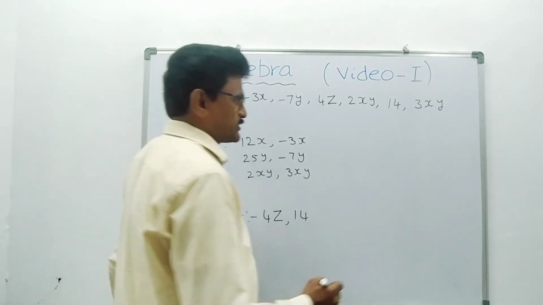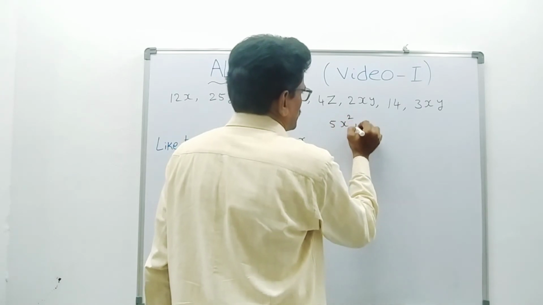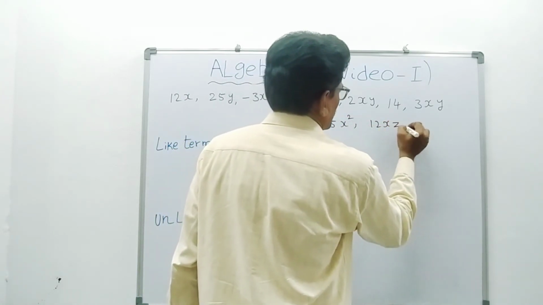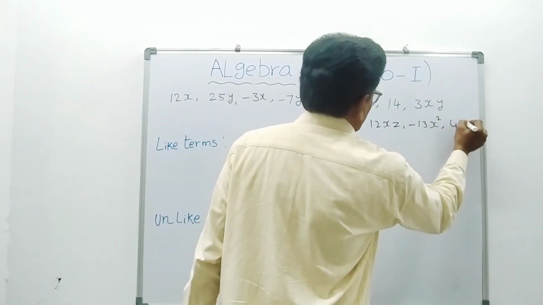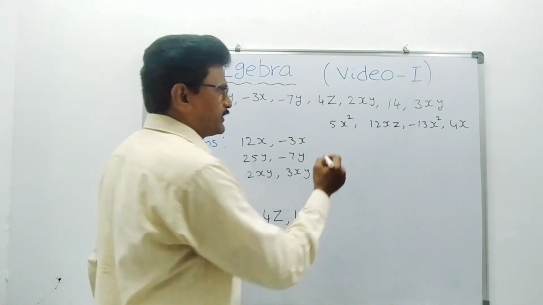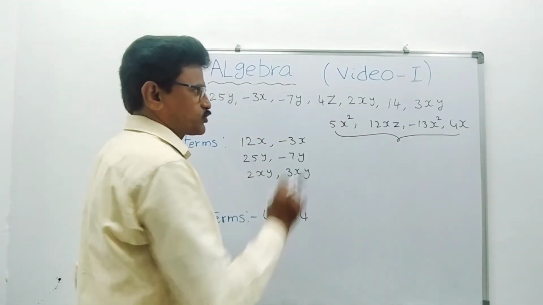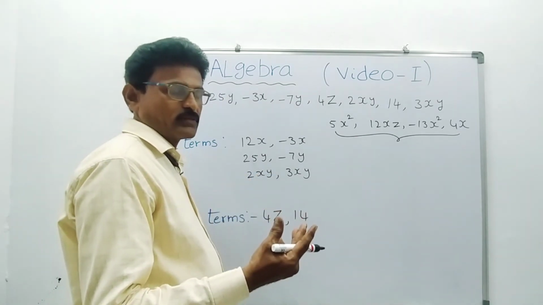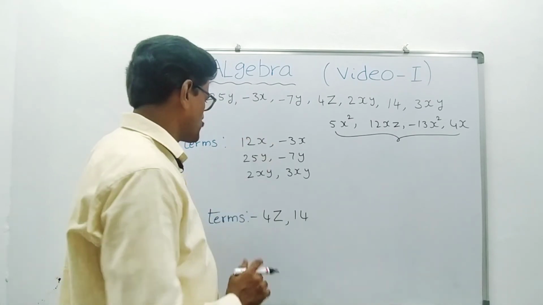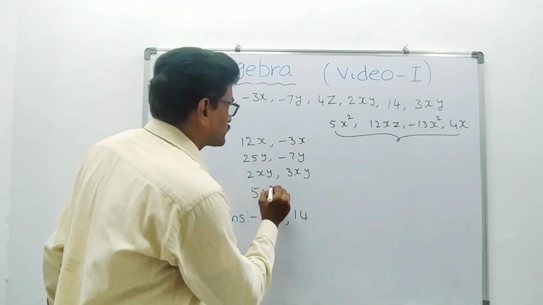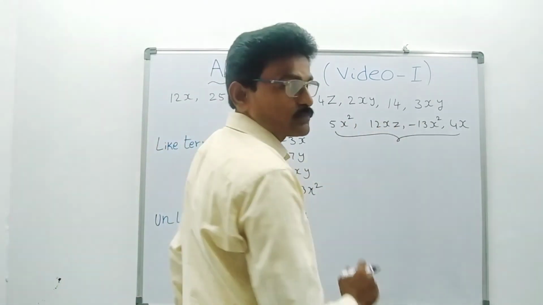I will write one more example. See, suppose 5x square, 12xz, minus 13x square, 4x. You see here, in this, like terms and unlike terms, we will write 5x square. Is there any term like that? Observe here, minus 13x square. These two are like terms.